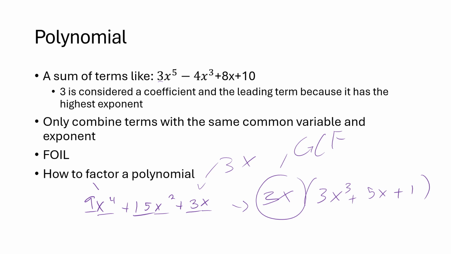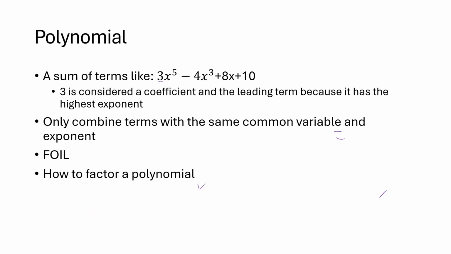There's a couple ways to factor special types of polynomials, which I will briefly go over. I don't really like going over these in general, I'll be honest, but I will go over them really quickly. So, first thing, we have a perfect square trinomial.